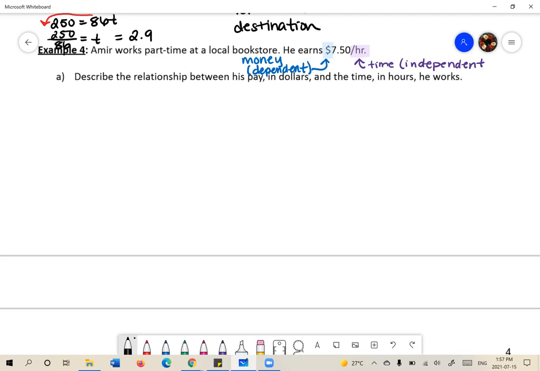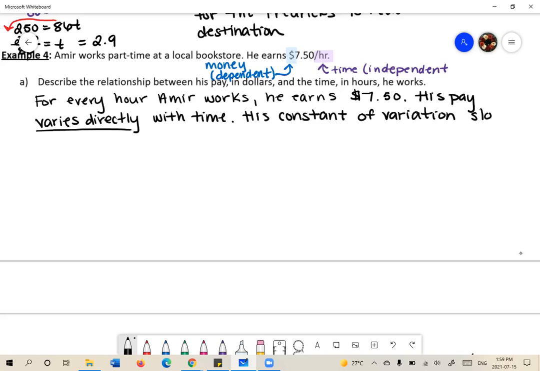So we know that he earns $7.50 per hour. That's a unit rate. Now, what does that actually mean? It means that every 1 hour, Amir earns $7.50. Amir's pay varies directly with time.